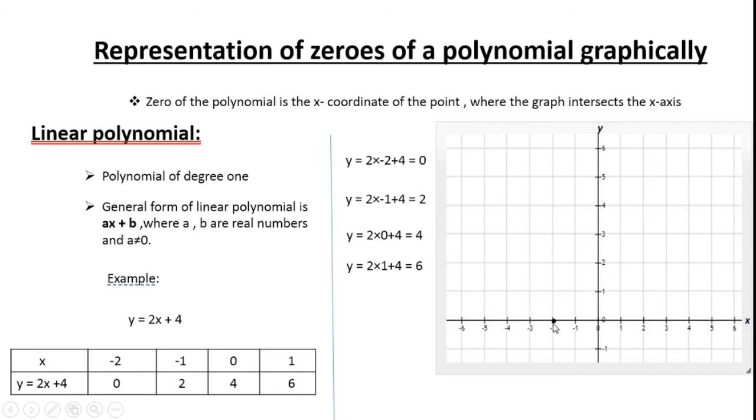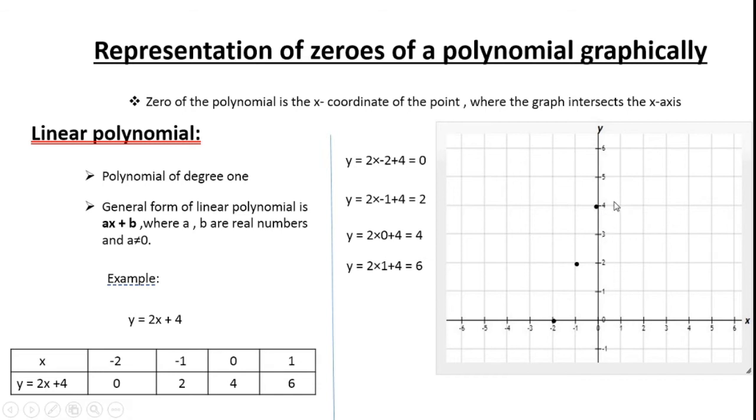The next point, minus 1, 2. See, in the x-axis, this is minus 1. Then in y, 2. See here, this is the 2. So minus 1, 2 is the point. The next, 0, 4. 0 is here, then 4. Mark it here. Then 1, 6.